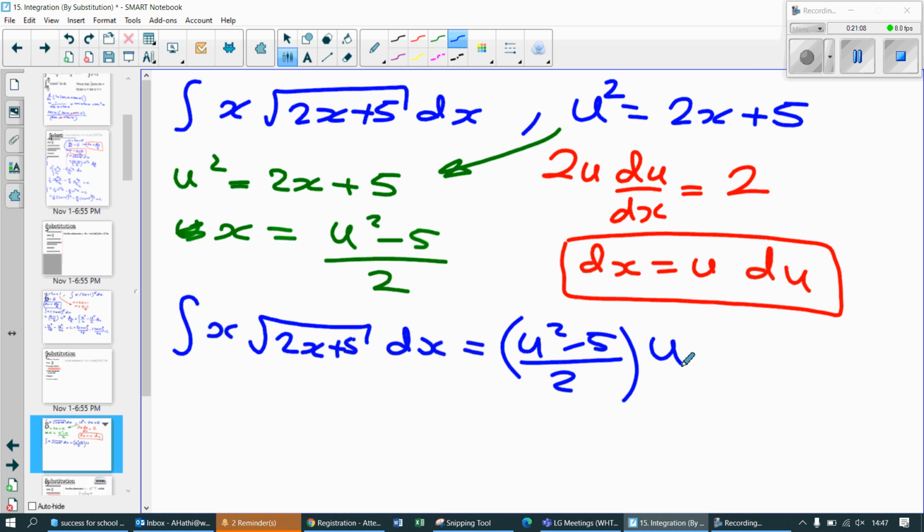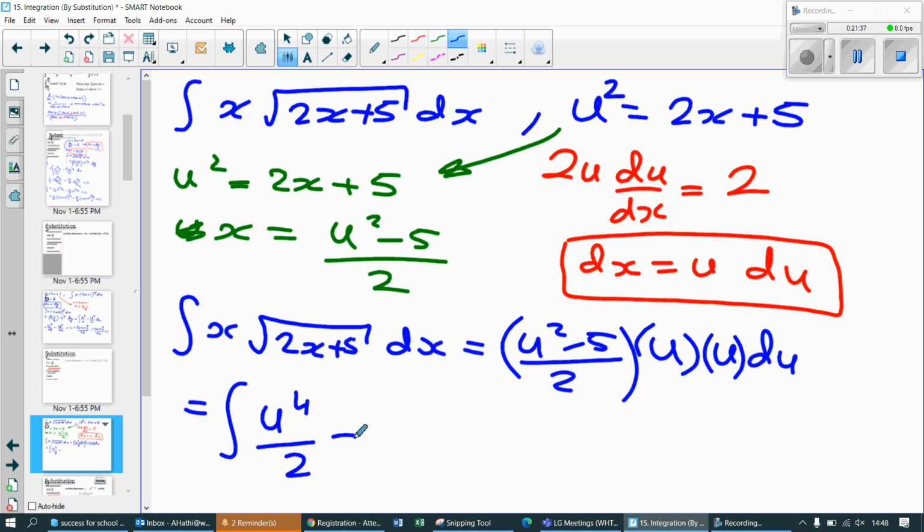And what's dx equal to? u du. That'd be easier. Can you all see how that's a nice straightforward integration? What have I got outside here? u times u, u squared. u squared times u squared, u to the 4. So it's u to the 4 over 2 minus 5u squared over 2.